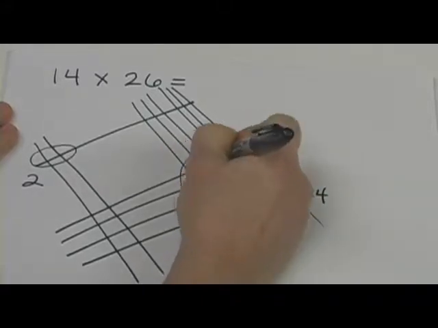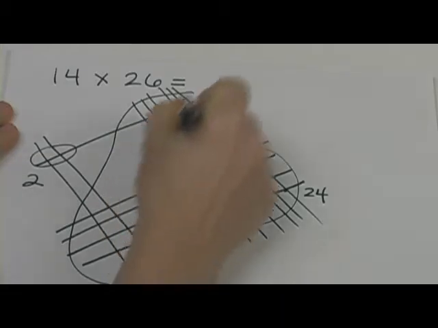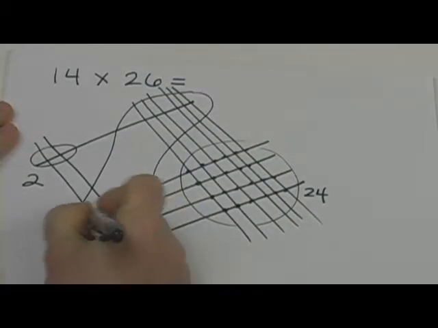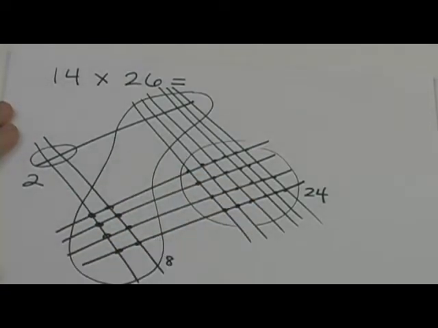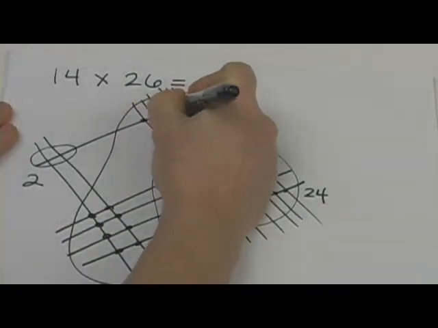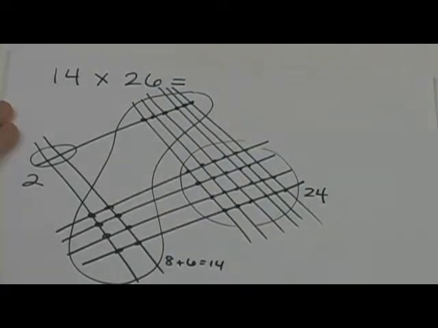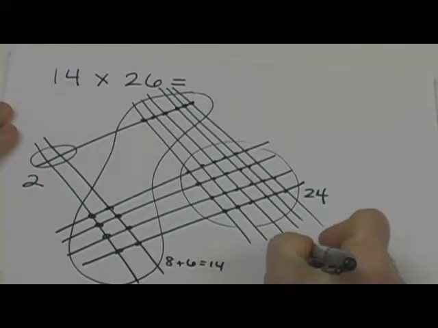And I can do that really quick. And the part in the middle, so I'm going to have 1, 2, 3, 4, 5, 6, 7, 8 down here. So I'm going to write a little 8. Plus 1, 2, 3, 4, 5, 6. 8 plus 6 is 14. So my answer is not 2, 14, 24.